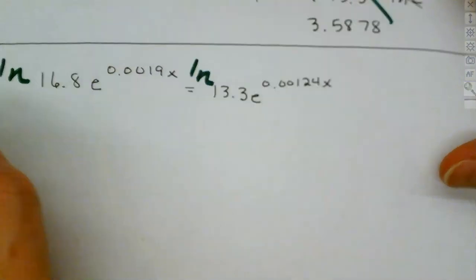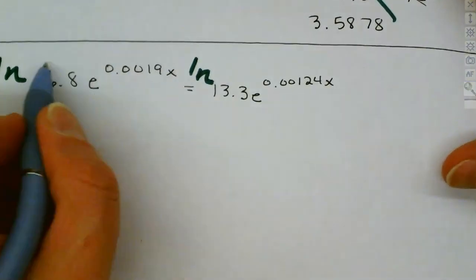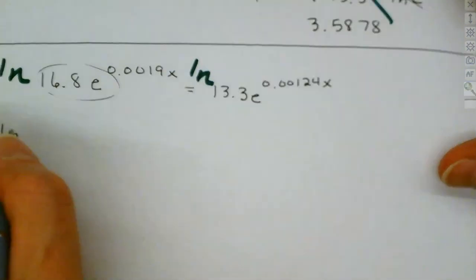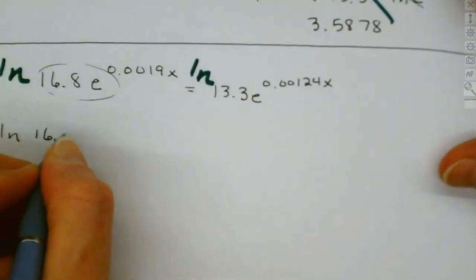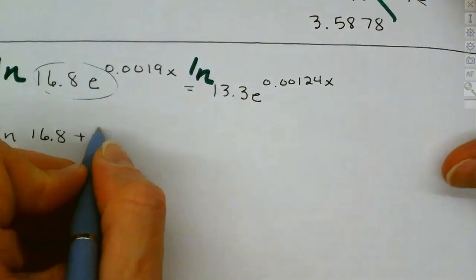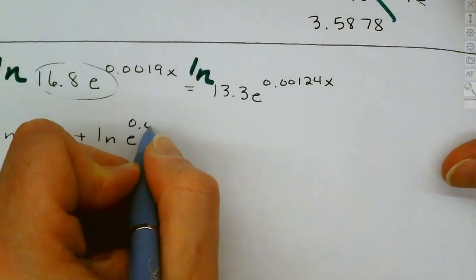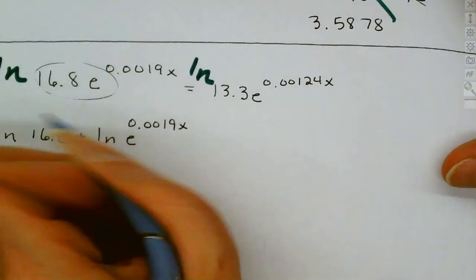When I rewrite this, I can split this up, because this is one whole part here. So I can split this up into the natural log, and it was my mistake of not looking at it this way. Natural log of 16.8 plus the natural log of e to the 0.0019x.